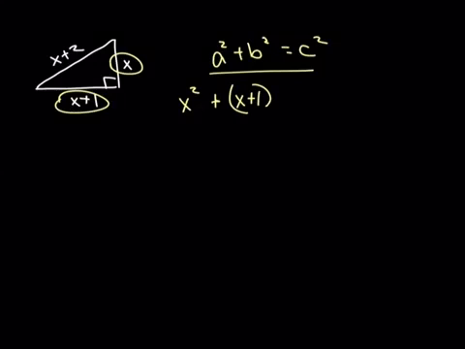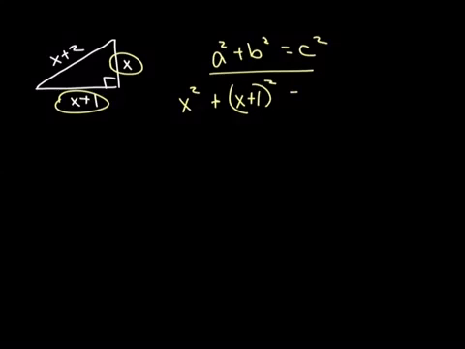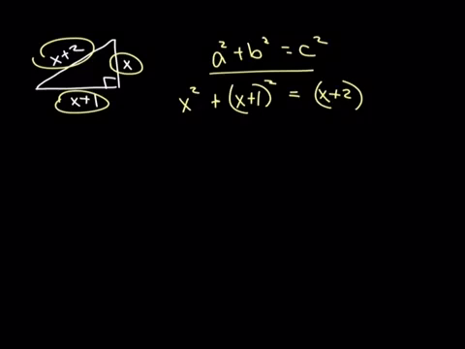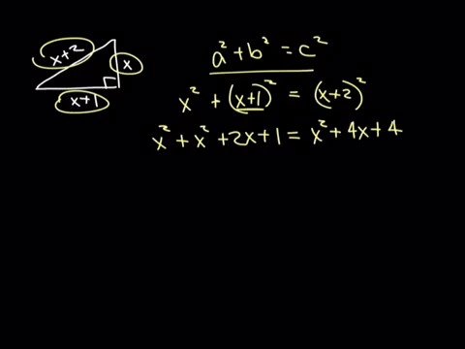I'm going to put in parentheses because I'm squaring the whole thing, equals the hypotenuse. So you have to do the FOIL method here. I'm just doing the FOIL method in my head, sorry.